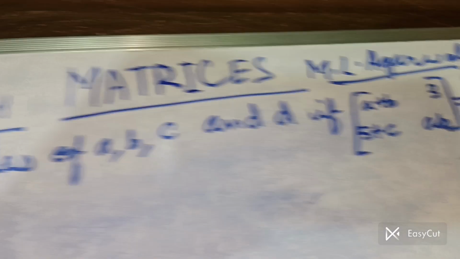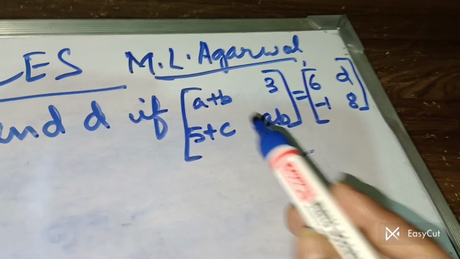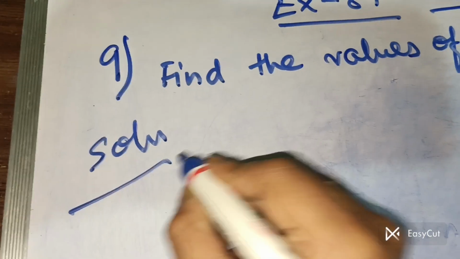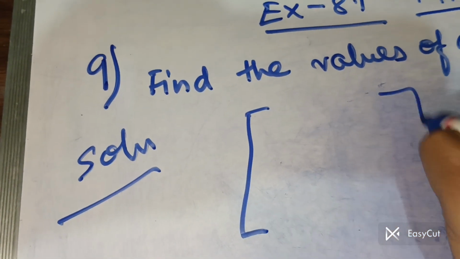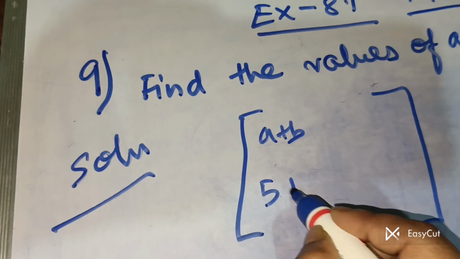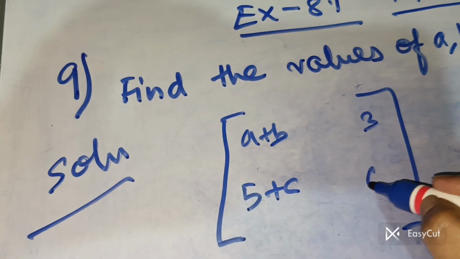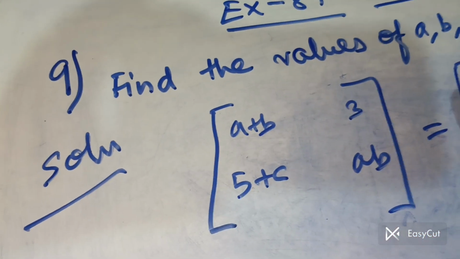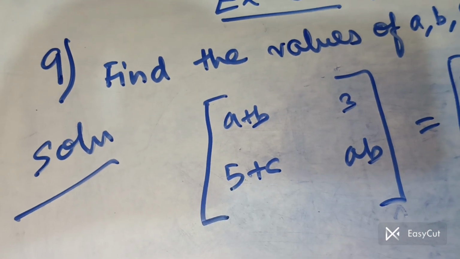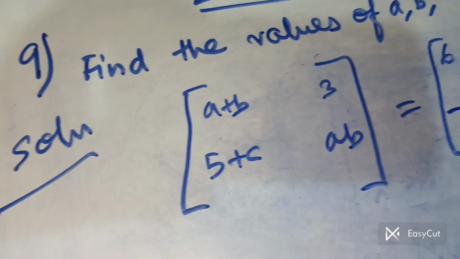It is the new edition. So it is given that the matrices, I am writing the solution here. First a plus b, and here it is given 5 plus c, 3, ab is equal to 6. Then here it is d and minus 1, 8.